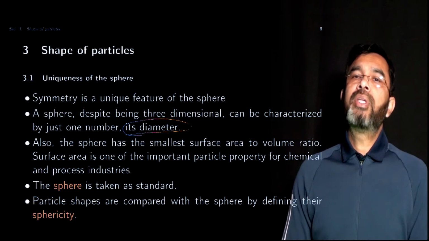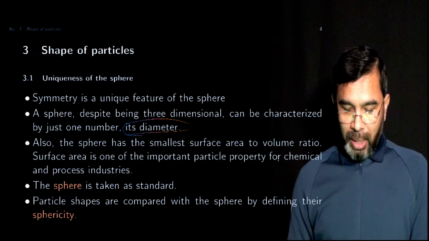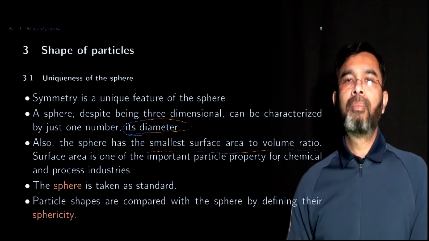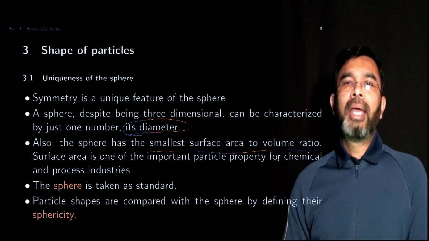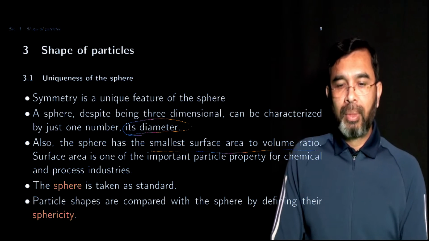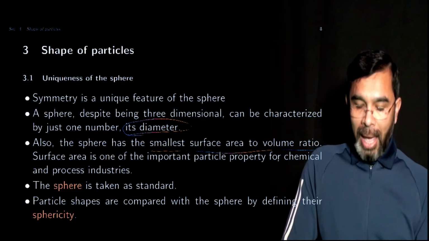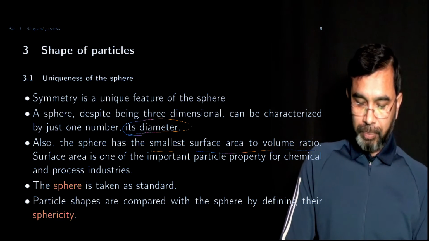Another important property for the process industry is that the sphere has the smallest surface area to volume ratio. Meaning that if you build any regular or irregular shaped particle having the same volume, among those, the sphere will have the minimum surface area.